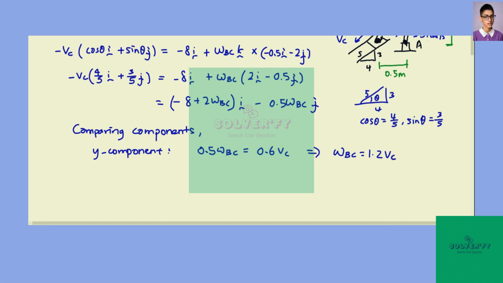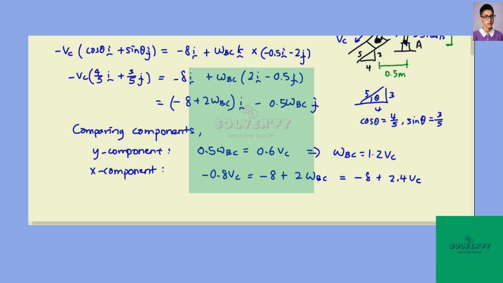And then from the x component, we have minus 0.8 VC is equal to minus 8 plus 2 omega BC, which is minus 8 plus 2 times 1.2 VC.